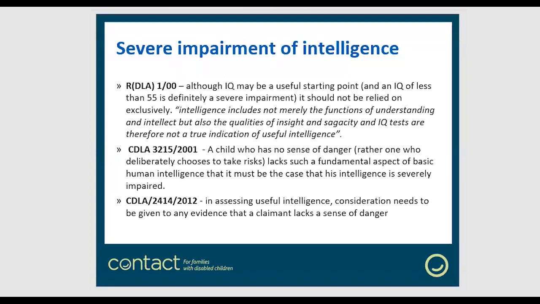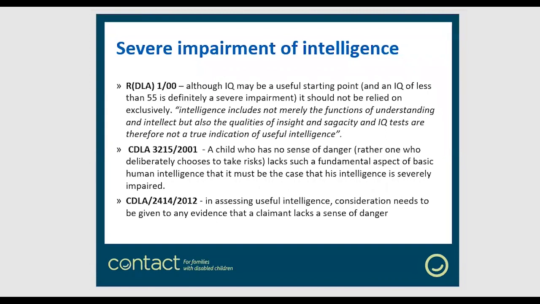If they've got difficulties in terms of their understanding and their language skills and things like that, all of that you need to try and put together to counter the DLA's tendency to try and cherry pick statements and take them out of context.